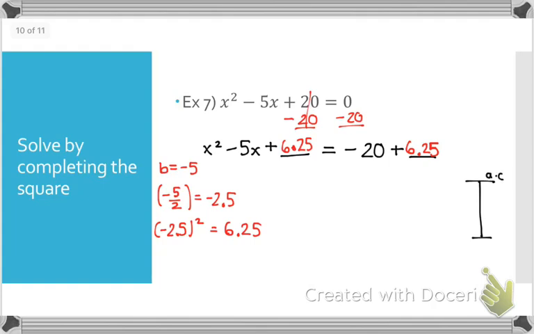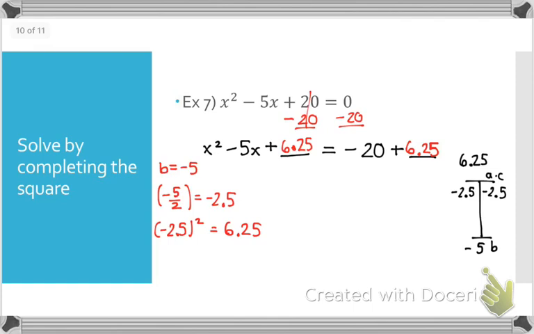Remember we got a, c, we got b, our b is negative 5, so we got negative 2.5 times negative 2.5 gives us the 6.25, and the negative 2.5 plus negative 2.5 is negative 5.